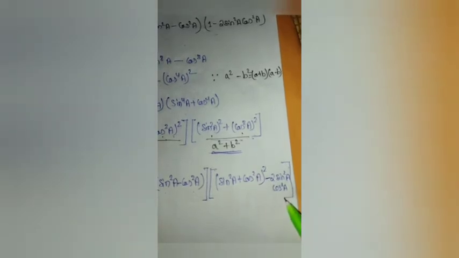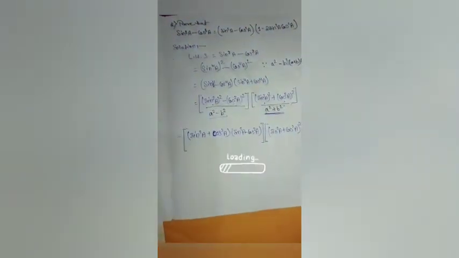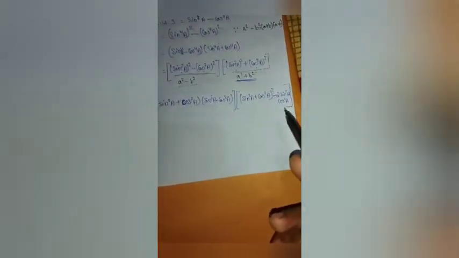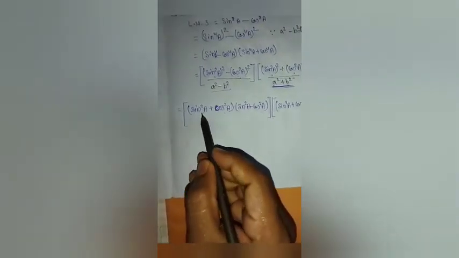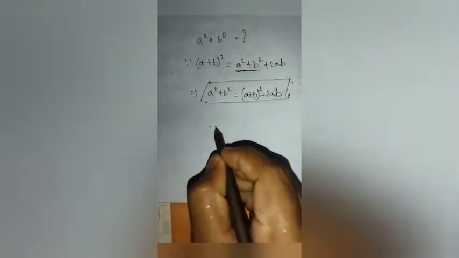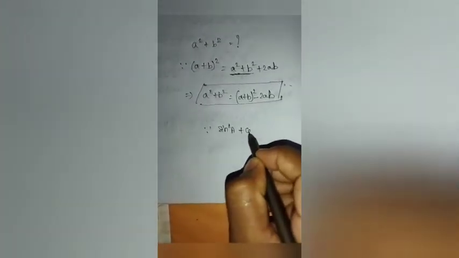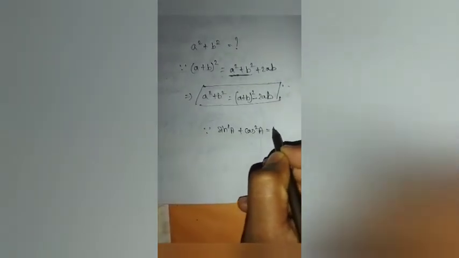Sorry, I'm just using one hand because I'm holding a camera with the other hand. Now half of the work is done. Once again, carefully look at these equations. We all know that sine square a plus cos square a is equal to 1.